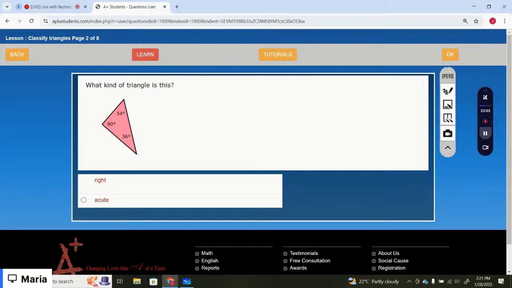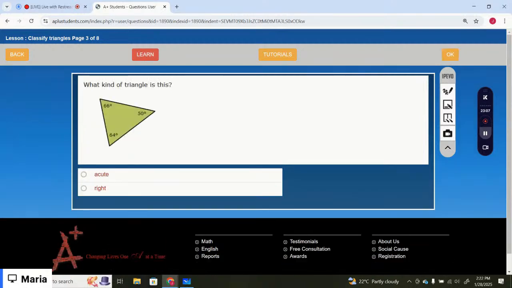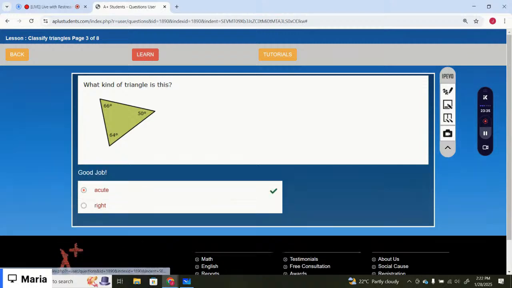Option number one is the correct option. What kind of triangle is this? Acute, right? The correct option is that is an acute triangle.